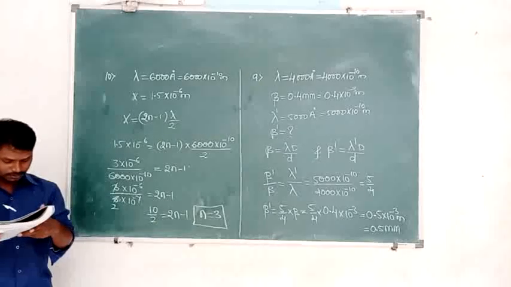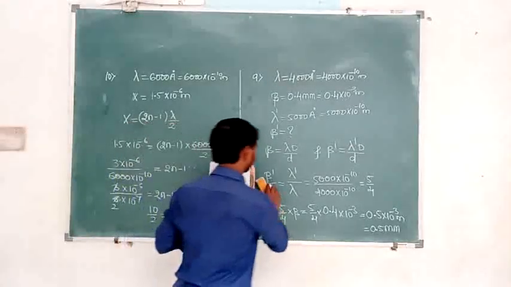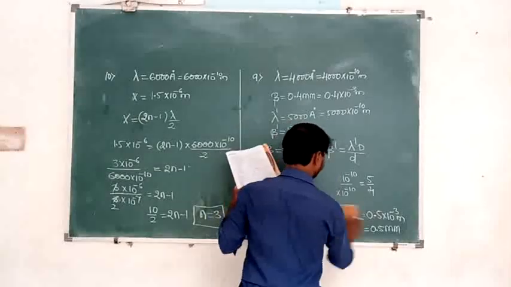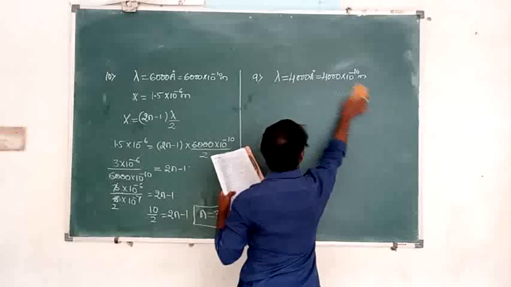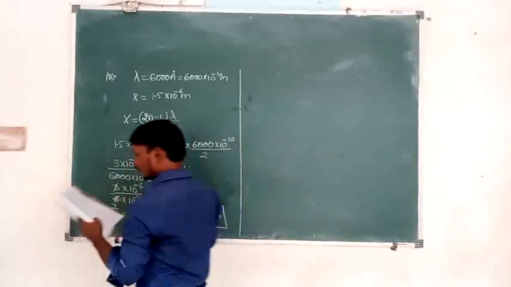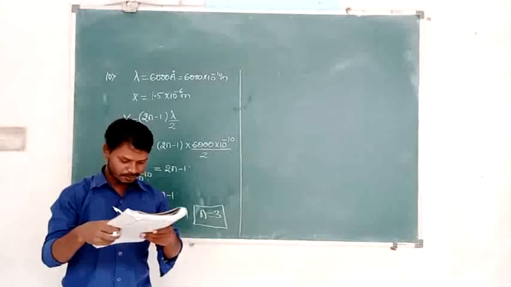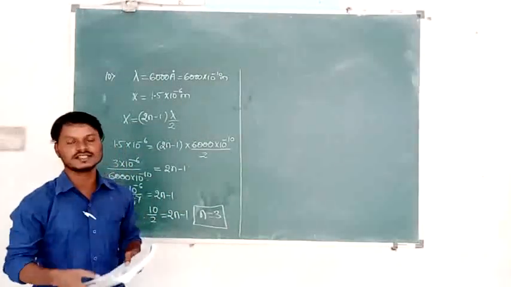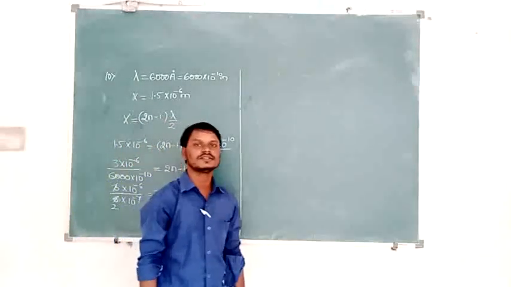Next, I will go to the 13th one. What is the 13th question? In a double slit experiment, the distance between the two slits is given, which here is the slit width.